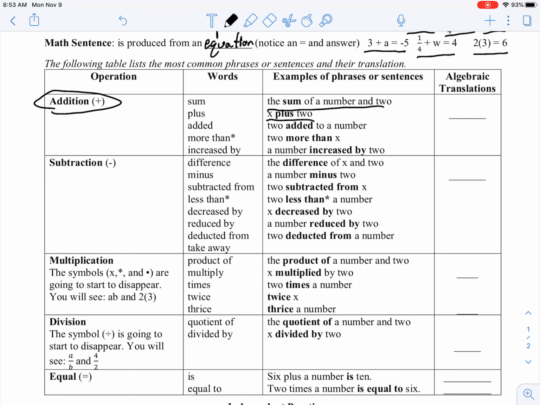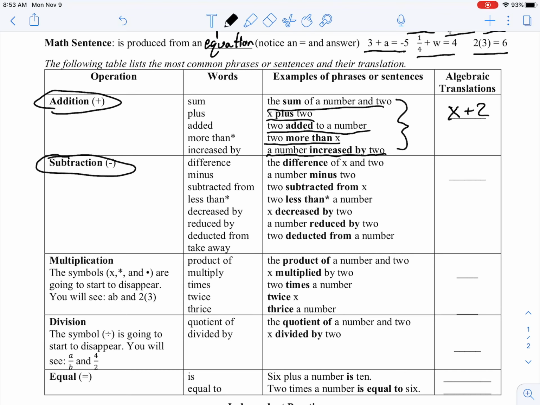Plus, we have x plus 2. Added, we have 2 added to a number. More than, 2 more than x. And increased by, or a number increased by 2. Now, algebraic translation: all of these things mean the same thing, and that is we are taking some number x and adding 2 to it.